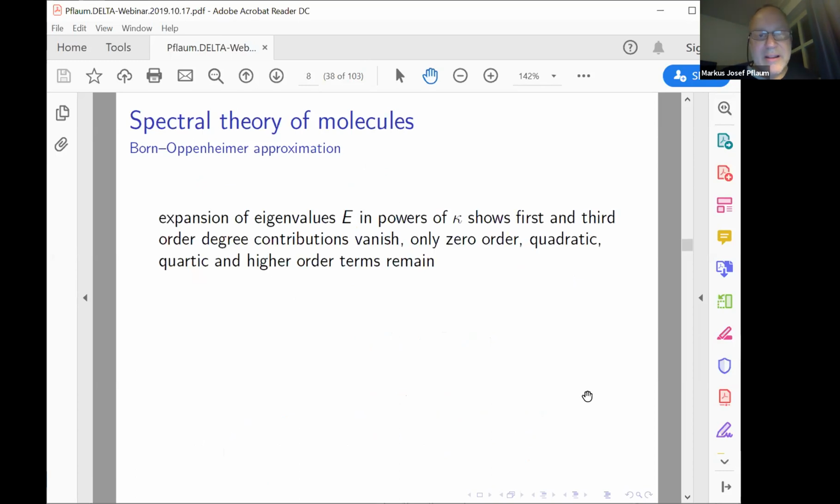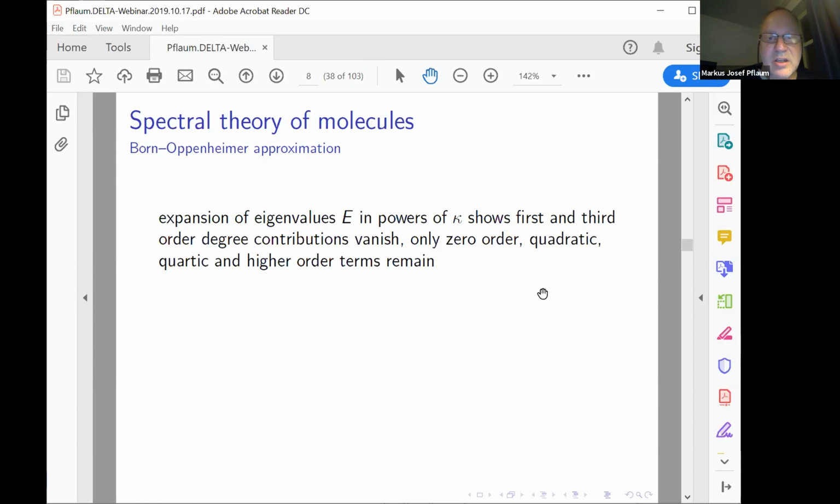Now I just mentioned some technicalities about the Born-Oppenheimer approximation, but will not dwell on this in detail. These eigenvalues can be expanded in powers of kappa, which is very small: the electron mass divided by the sum of the nuclei masses. Born and Oppenheimer showed that in first and third order the contributions vanish and only the zeroth, quadratic, quartic, and higher orders remain.